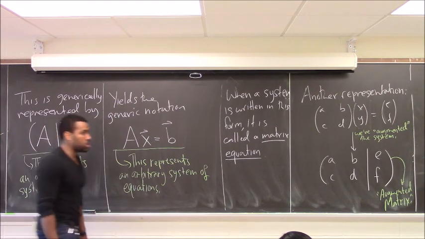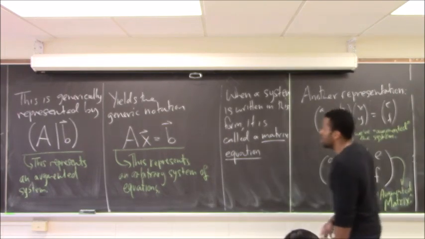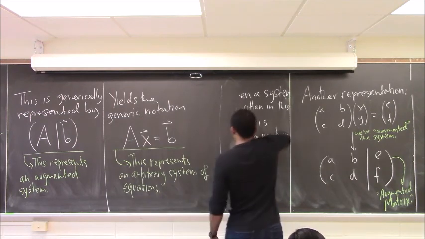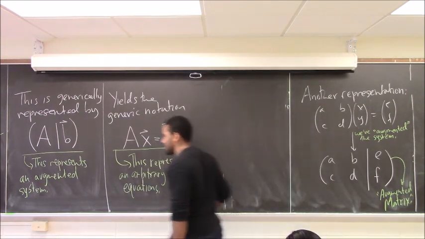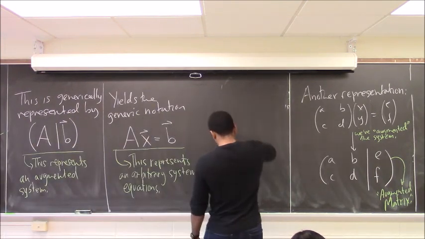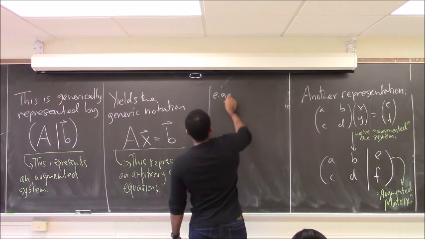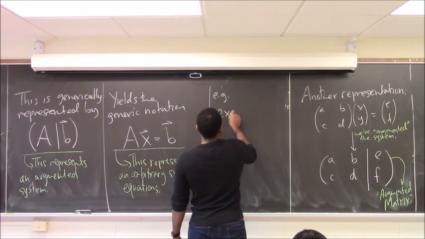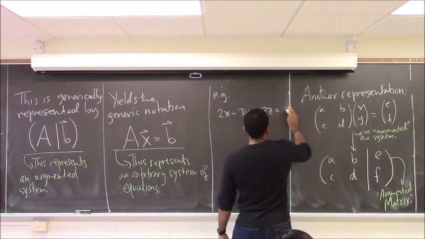Now, nothing is special about this particular size. You can actually do this for any size. So let's just make sure we get the idea here. Example, let's say I have 2x minus 3y plus 12z equals 4.